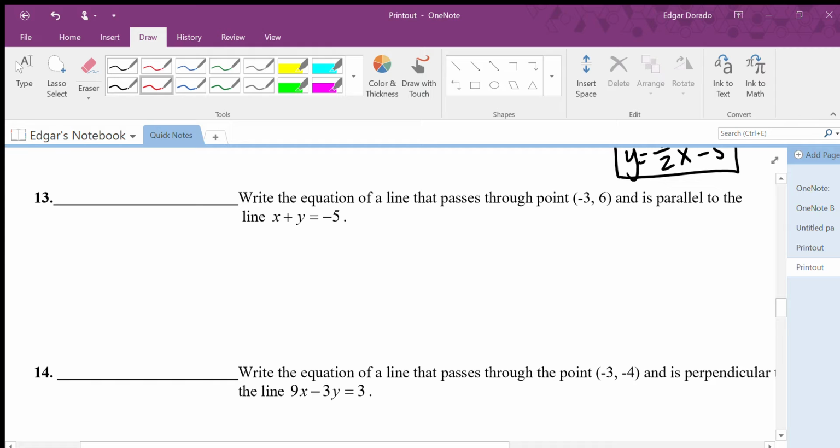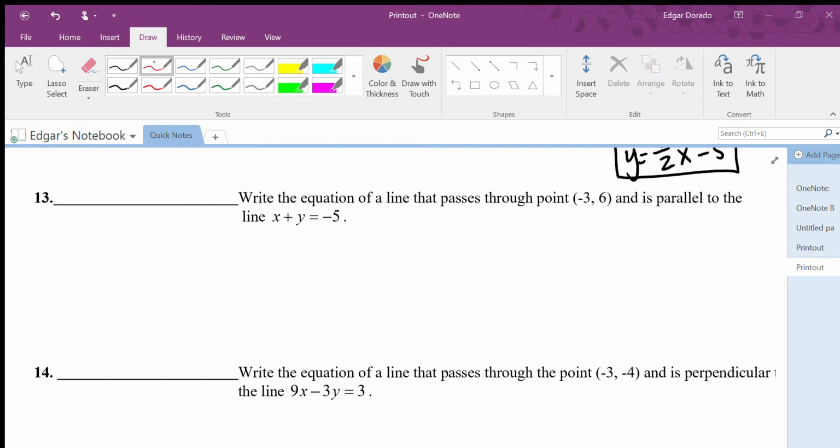All right. So this next one, let's see what it's asking. It says, write the equation of a line that passes through the point -3, -6, and is parallel to the line x plus y equals -5. Okay, well, problem here is that line's not even in slope-intercept form, so I can't even tell what my slope is, but I have a way of solving that.